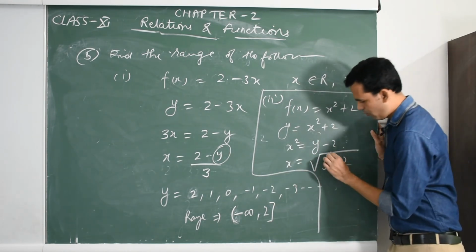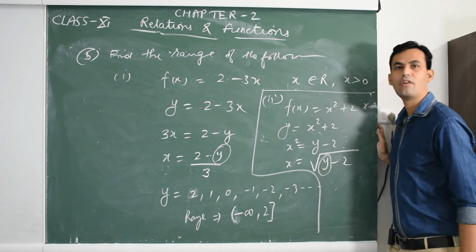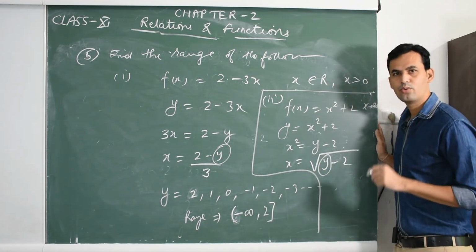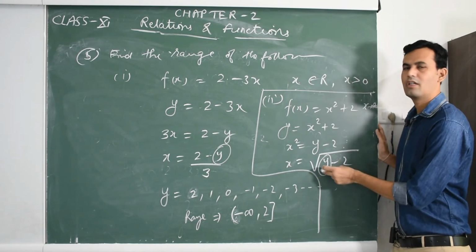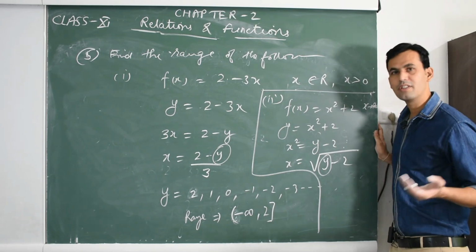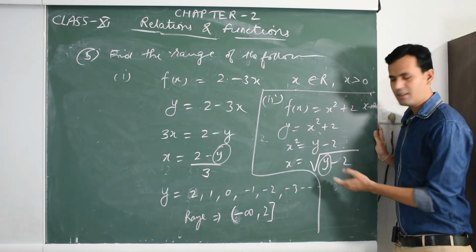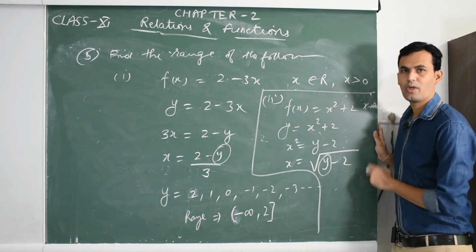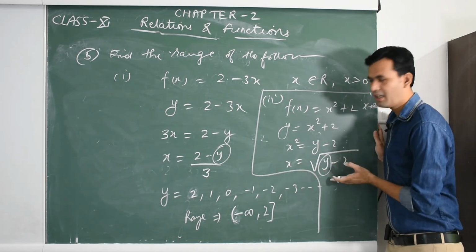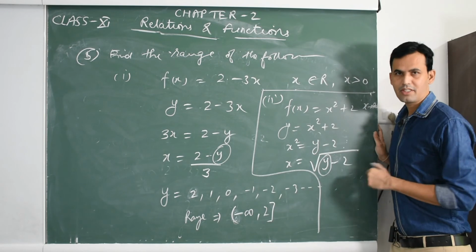Now the range is the values of y, and values of y are always greater than 2. Why? Because if we put values less than 2, it means minus 1, 0 or 1, then we get negative values in the square root, and negative values in the square root are not real numbers, these are complex numbers.